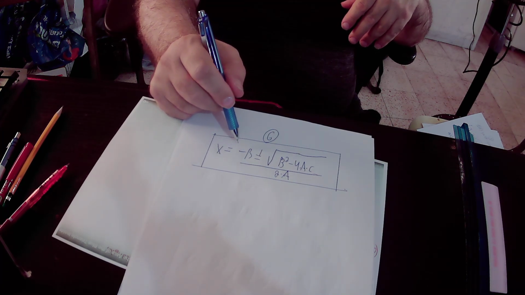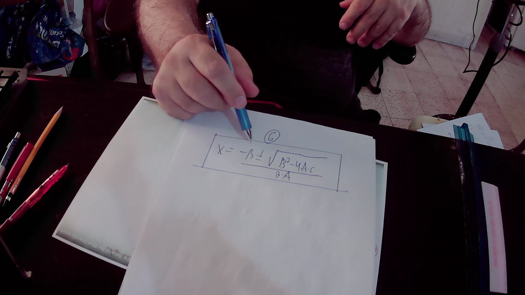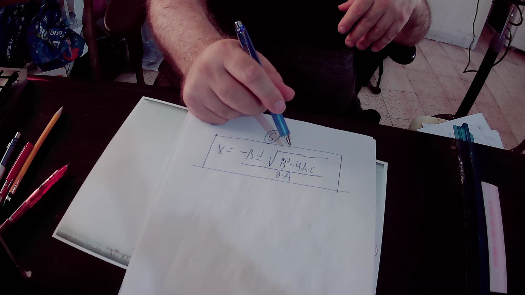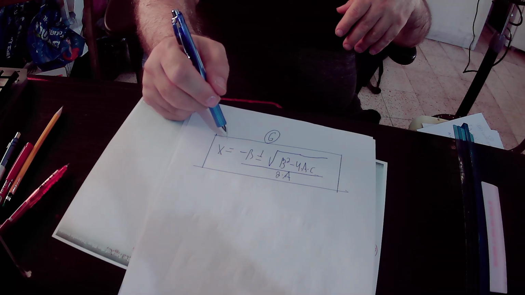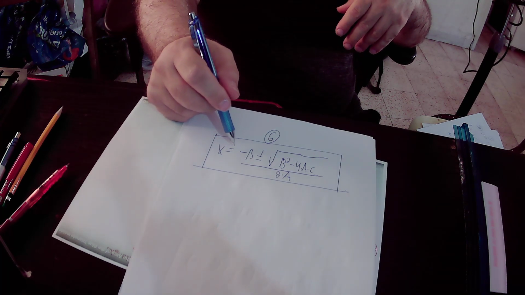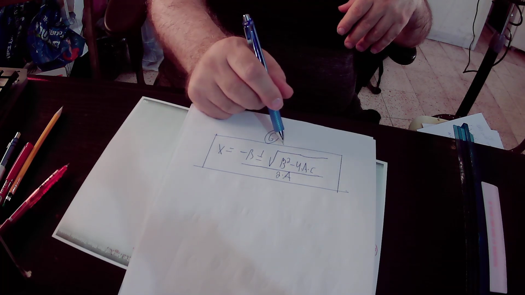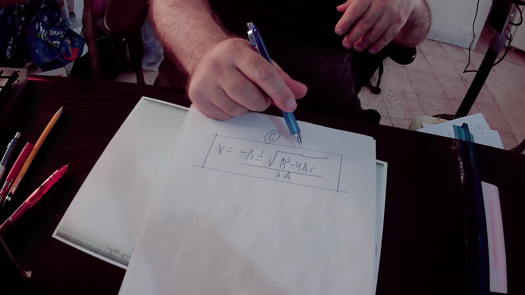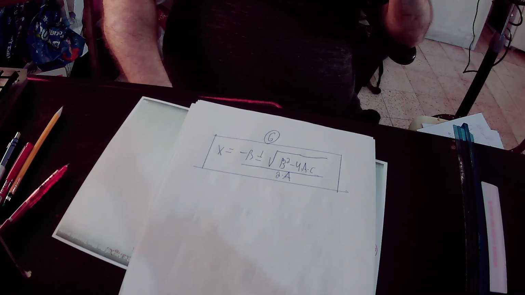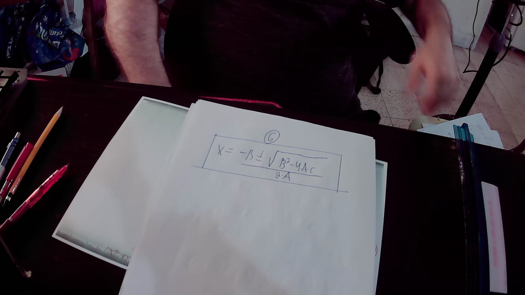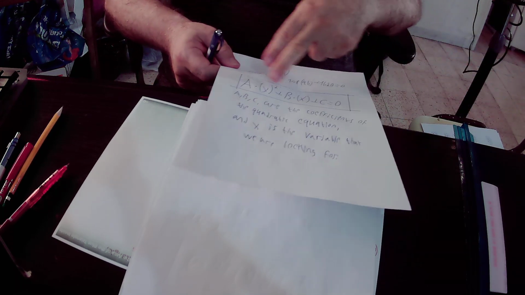So the first solution will be x equals minus b plus the root of b squared minus 4 times a times c, divided by 2 times a, and the second solution for x will be minus b minus the root of b squared minus 4 times ac, divided by 2 times a. So we might have two different solutions for x, and as I already told you, these solutions for x are also called the roots of this quadratic equation.